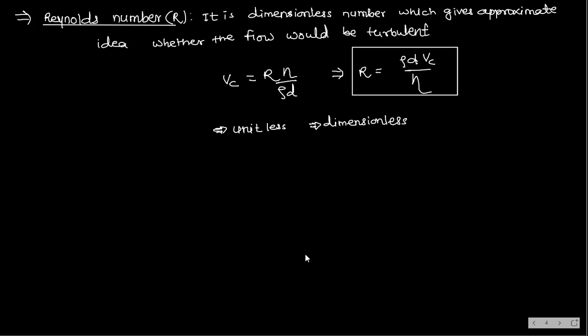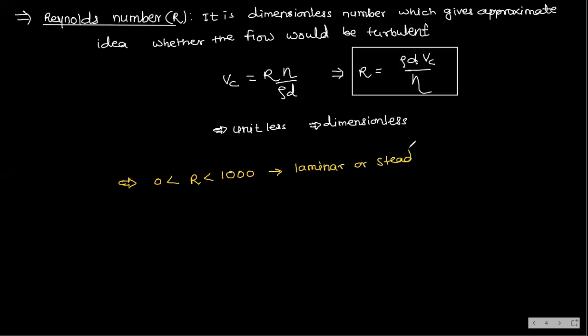But as I said, this number will decide whether the flow is turbulent or streamlined. So see, if R is less than 1000 and greater than 0, means if R lies between 0 and 1000, the flow is laminar or steady, that is streamline.